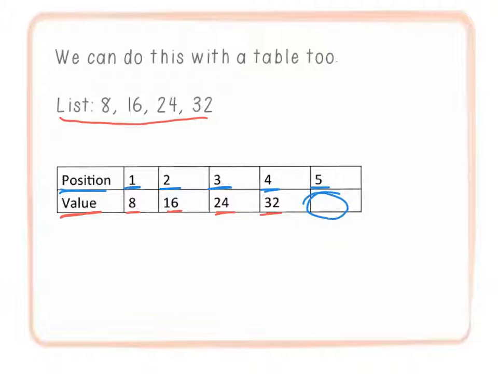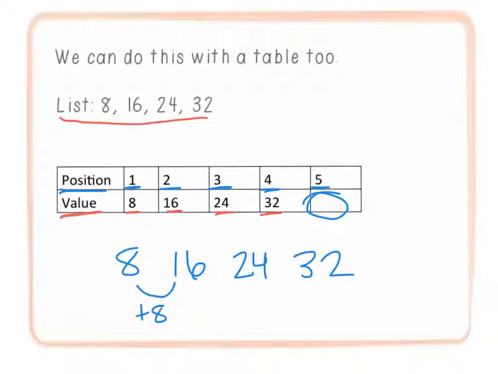Okay, so what I want to do first is figure out what's going on with these numbers. So I'm going to describe the relationship. If you want to take those numbers and put them out here on a list, sometimes that can be easier, or you can just use that in the table. I see if I add 8 plus 8, I get 16.